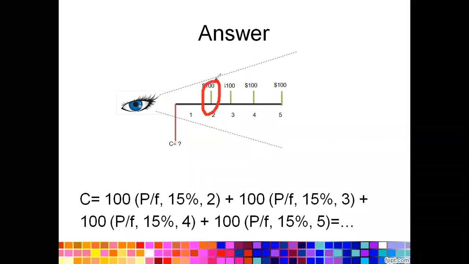The first arrow is 100, and then we count the steps to find the exact number of N. Since the relationship is between the present and future, I'm going to use P/F to find the present value, since the future value is already given. So 100 P/F 50%, 2, found by counting the steps, 1, 2.